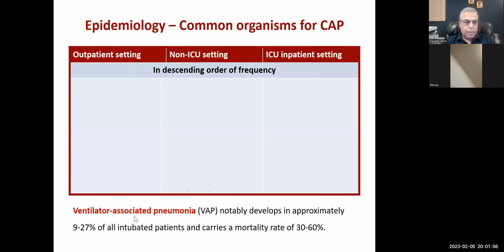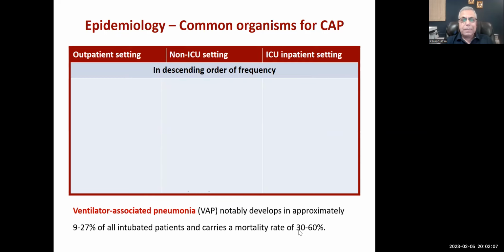There is a comment here: ventilator-associated pneumonia develops in approximately 9 to 27% of all intubated patients and carries a mortality rate of 30 to 60%. So 9 to 27% is quite common.